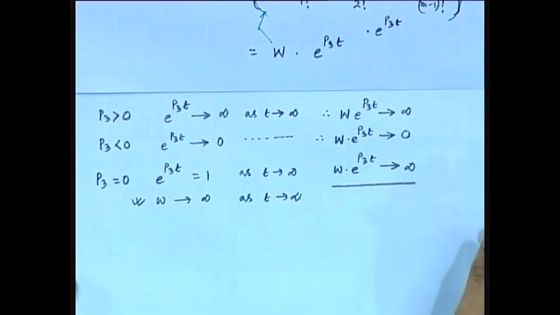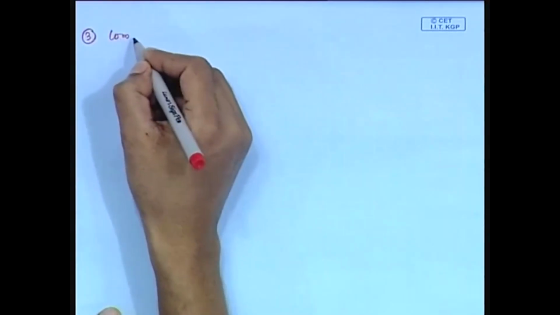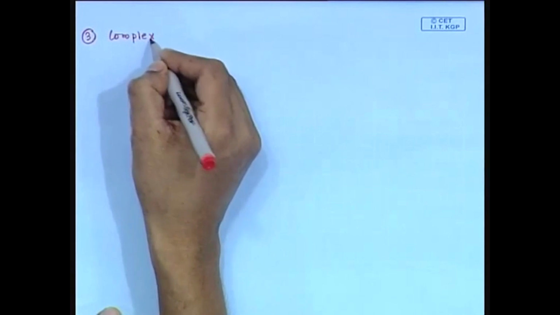Now, in the next case we will consider the complex conjugate poles, that is the third case.